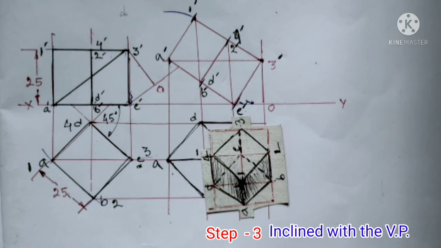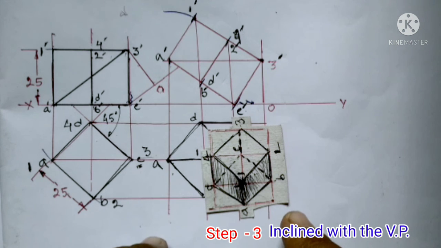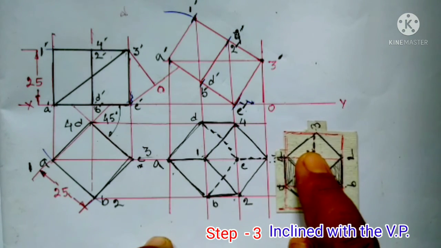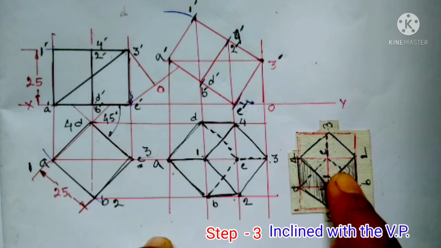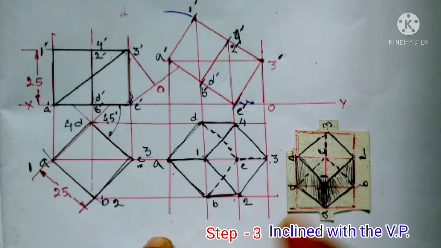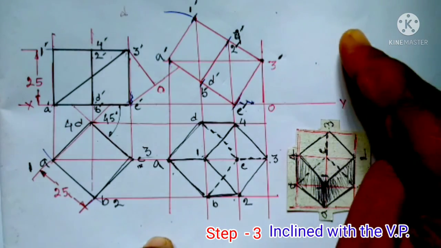Now you see that the solid diagonal AC makes an angle of 90 degree with the vertical plane. So I will draw this top view by moving a little suitable distance in order not to overlap the two views. And finally we will draw the front view as the change of top view.